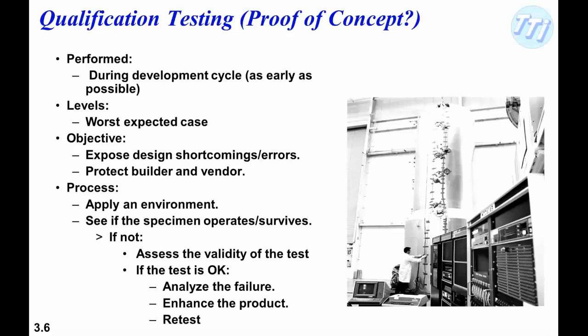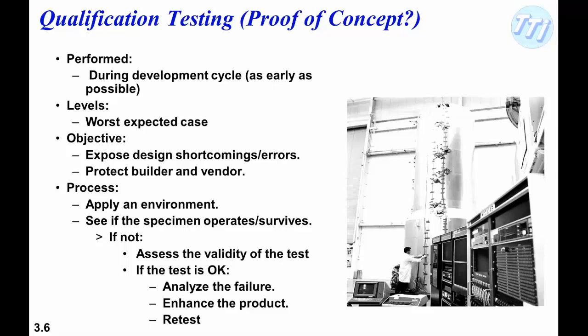So let's talk about those things one at a time. Qualification testing is proof of concept, and it's performed during the development cycle as early as possible. The levels of the testing are the worst expected case. The objective is to expose design shortcomings and errors and protect the builder and the vendor.